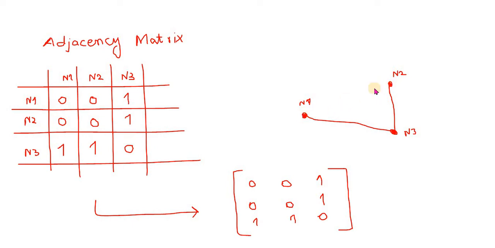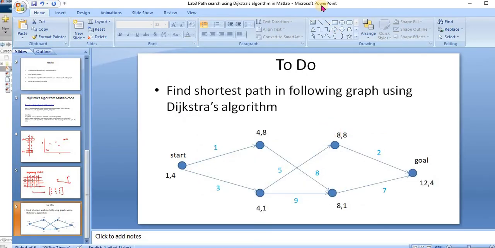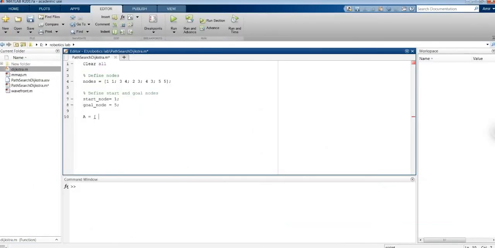If this graph is fully connected, it means that each and every node has a connection with each other. So if n1 is connected with n2, n2 connected with n3, and all nodes are interconnected, it means this is a fully connected graph. Okay. So at first, let's make it a fully connected graph here.